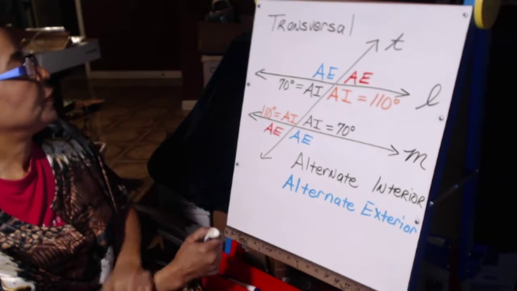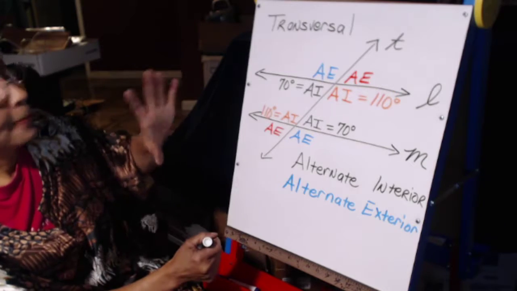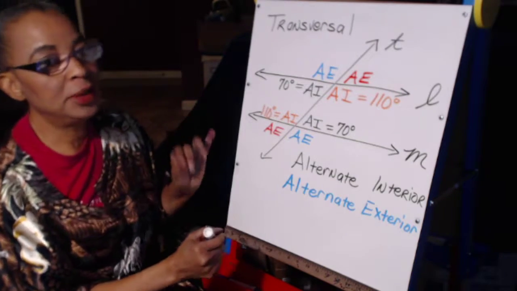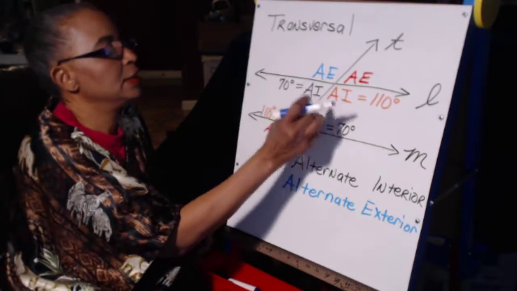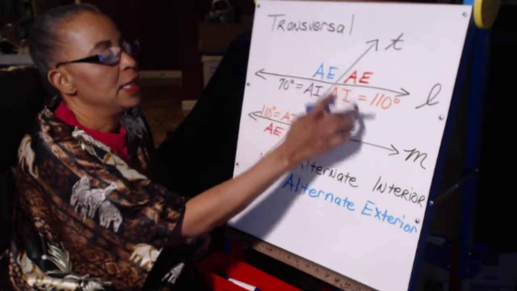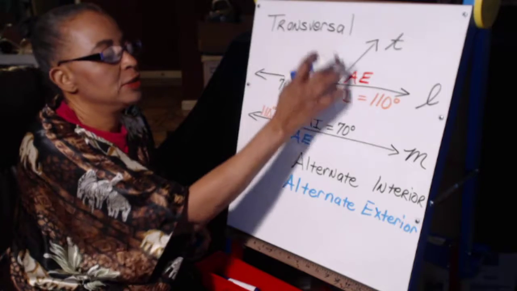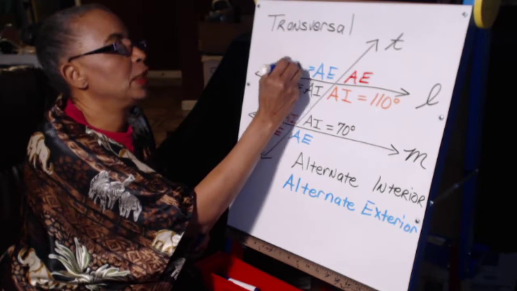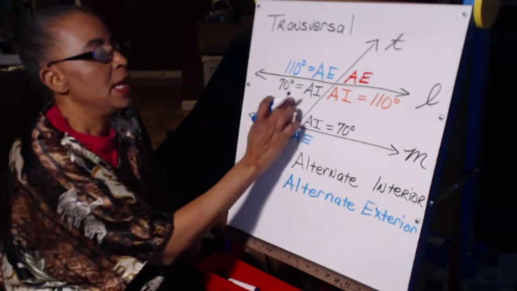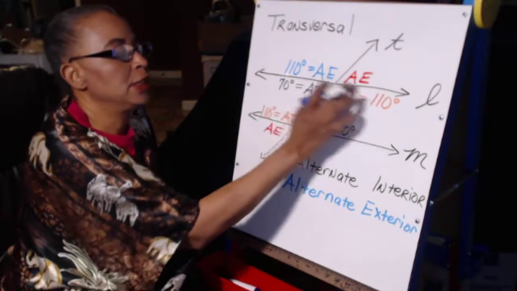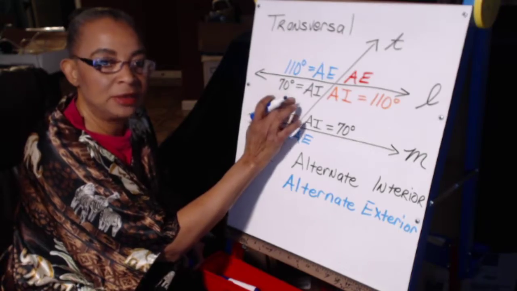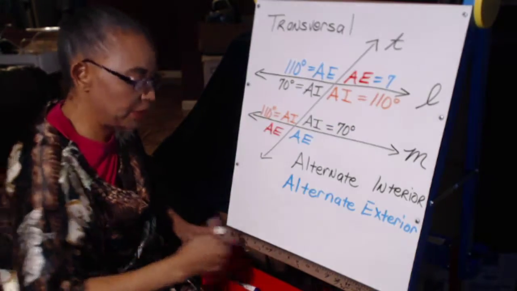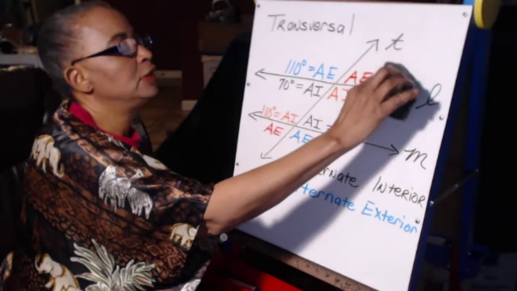So, this is going to seem a little weird, but it's really not, because think about it. If these are vertical angles, and if this is 110, this must also be 110 degrees. If these are vertical angles, if this angle is 70 degrees, this must also be 70 degrees. Wrong color, sorry.